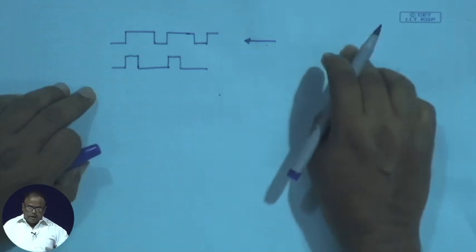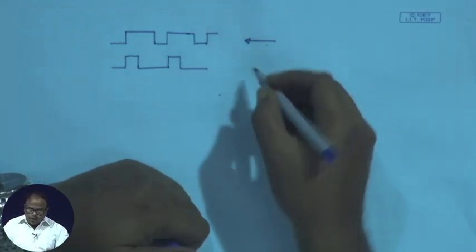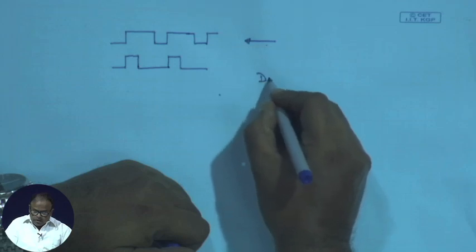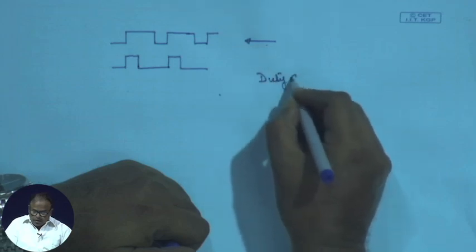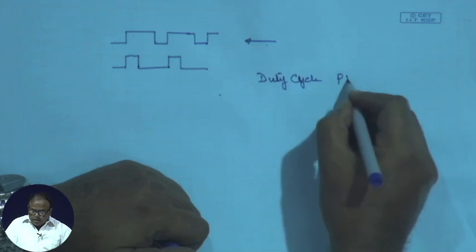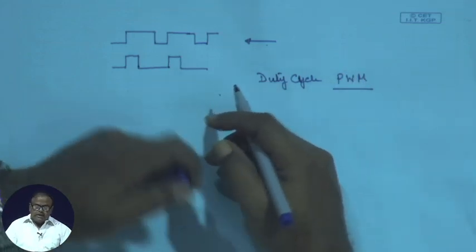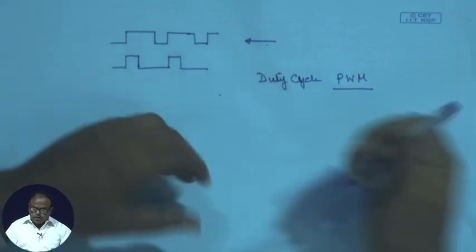So, accordingly, at any output I can change the average voltage by changing the duty cycle of the pulse width modulated system. Okay. And that is a very nice feature that we have in Arduino.